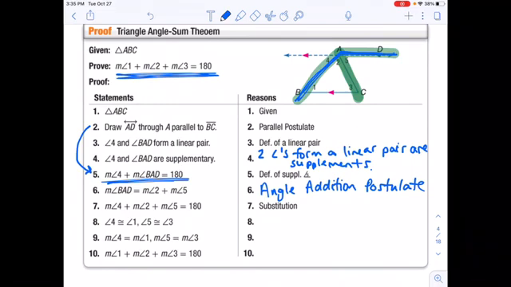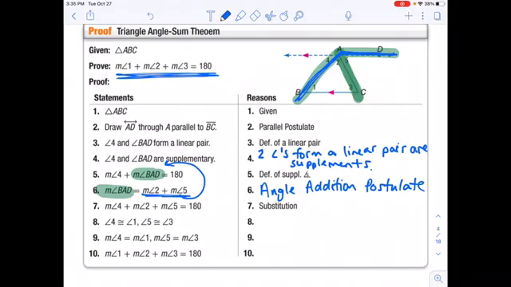And then we can take substitution and say, well, the measure of BAD shows up in both of these. I can replace it with the measure of angle 2 plus the measure of angle 5. And I have the measure of angle 4 plus the measure of angle 2 plus the measure of angle 5 equals 180 degrees.